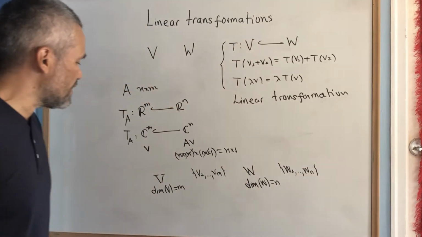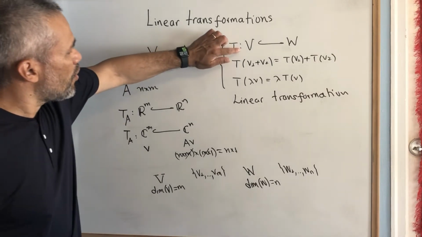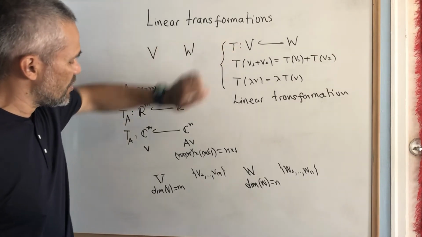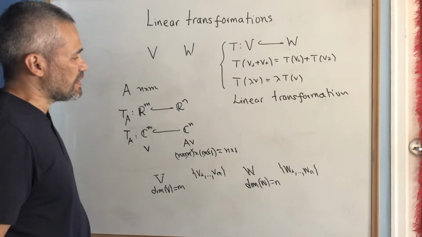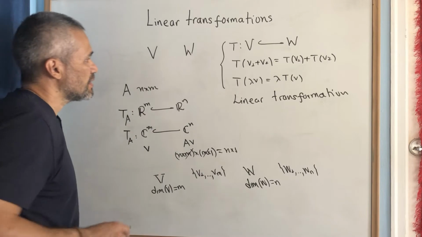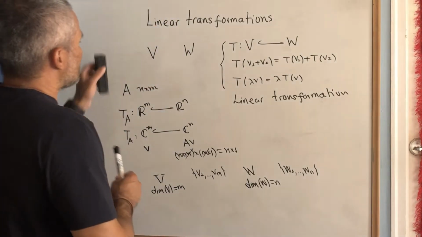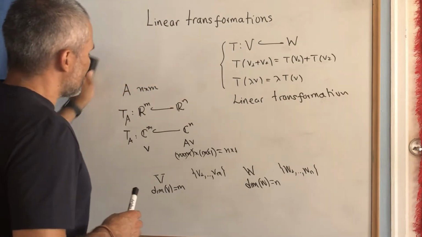Then we can define the matrix representation of any linear transformation, and that is given in the following way. Let me just erase everything and explain what is the matrix representation of a linear transformation.